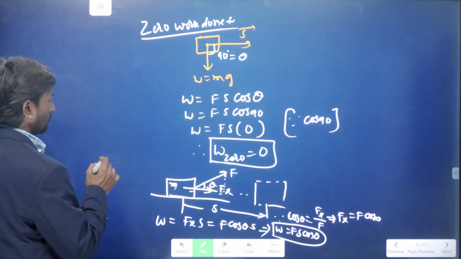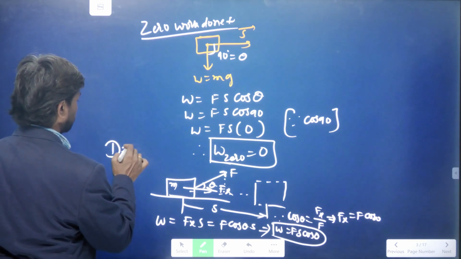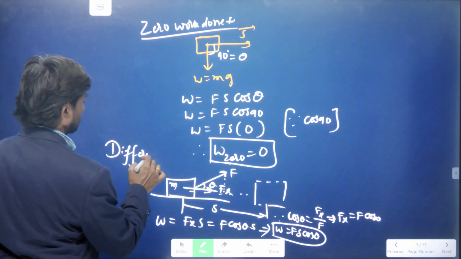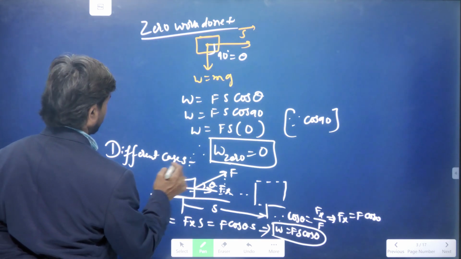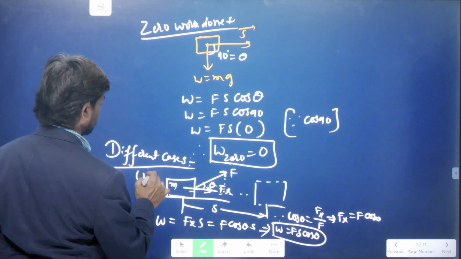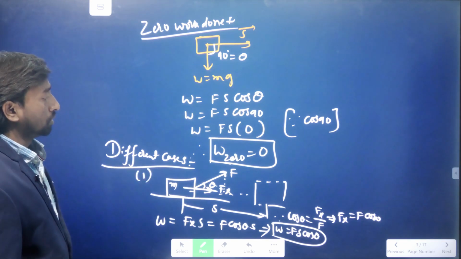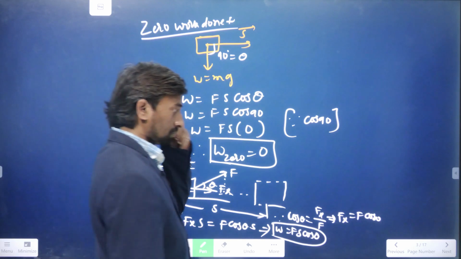Okay, so here we are discussing the different cases of work done. Let us consider this as case 1, the first case. Now we are going to see the next case.